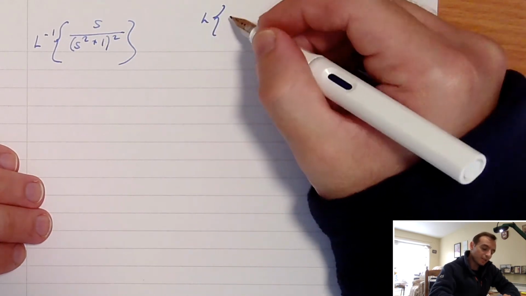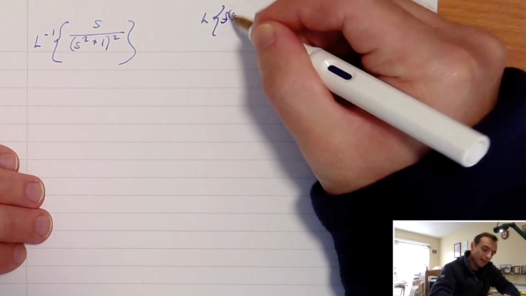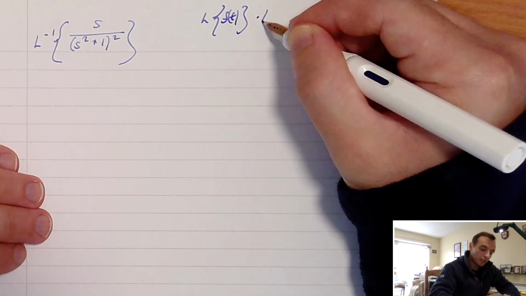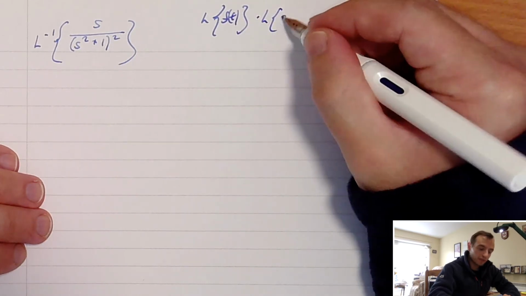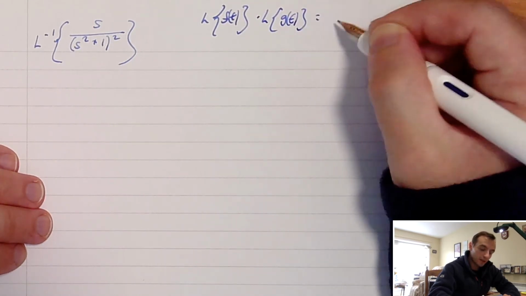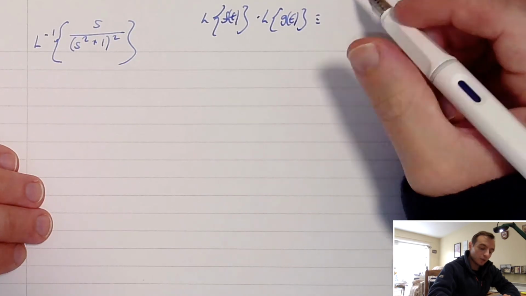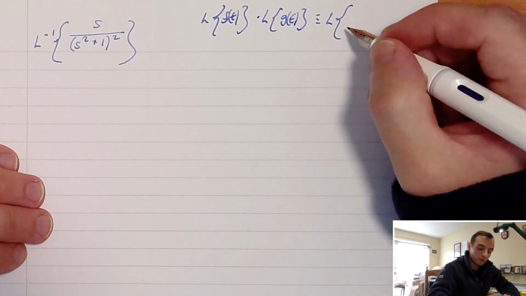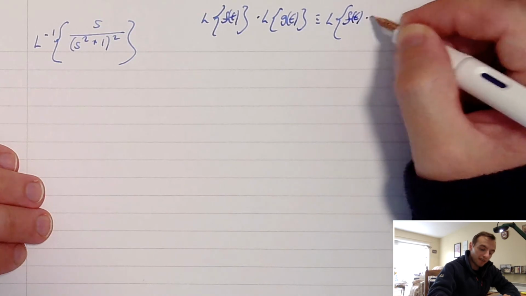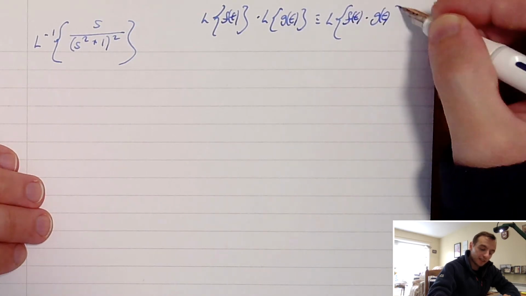So we can say that the Laplace transform of f of t dot the Laplace transform of g of t is equal to the Laplace transform of the convolution of f of t and g of t.